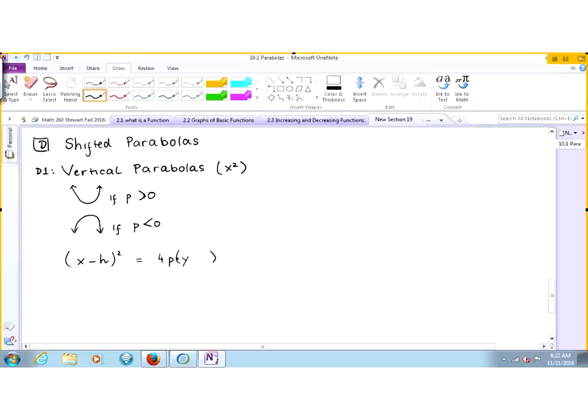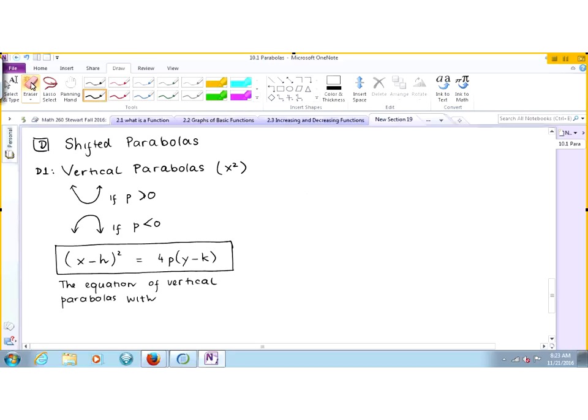X minus h squared equals 4p times y minus k. So this is the equation of a vertical parabola with vertex h comma k.